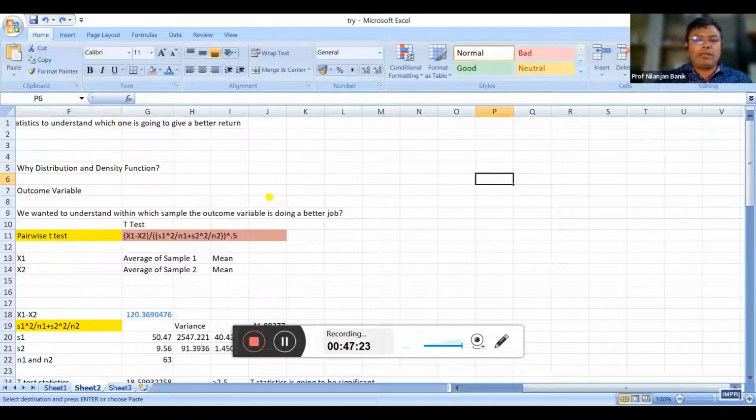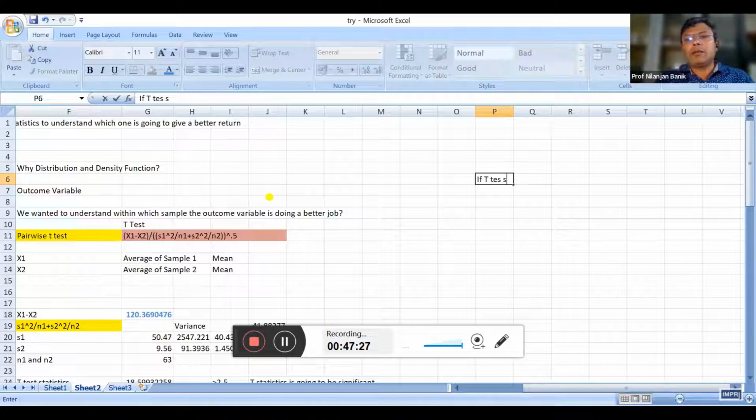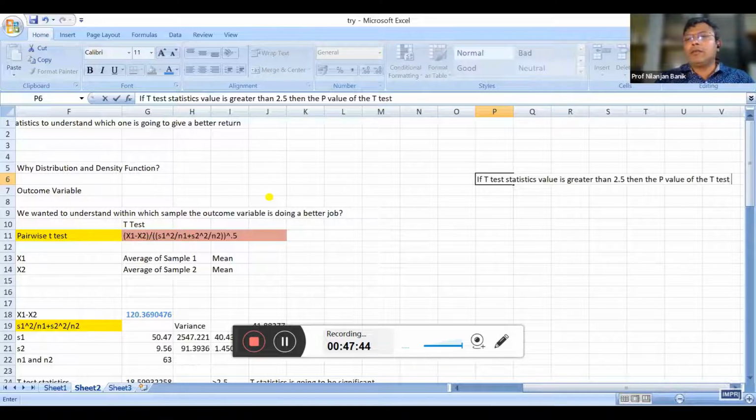All I'm saying is if the t-test statistic value is greater than 2.5, then the p-value of the t-test will be less than at least 0.10.